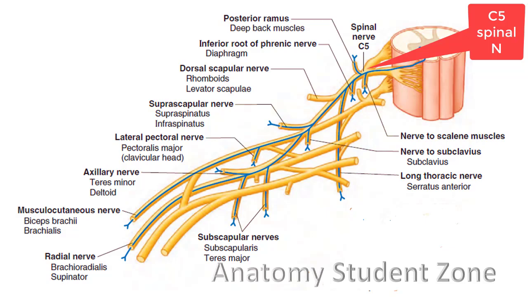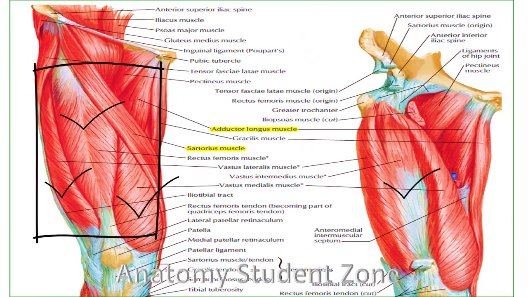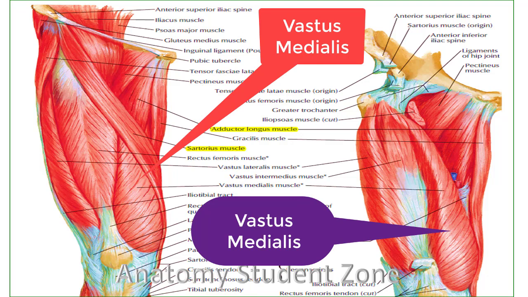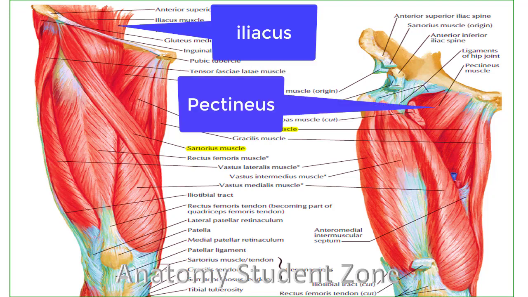This can also be well explained with the example of the quadriceps femoris muscle that includes four muscles, as we can see over here. These are rectus femoris, vastus lateralis, vastus medialis, and the vastus intermedius. Besides the quadriceps, let's focus on other muscles which are iliacus, pectineus, and the sartorius.